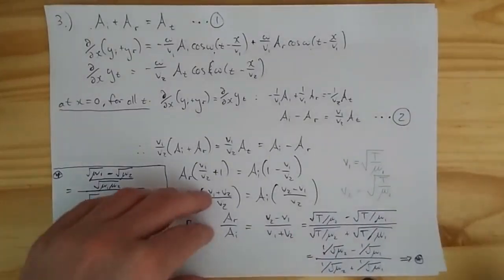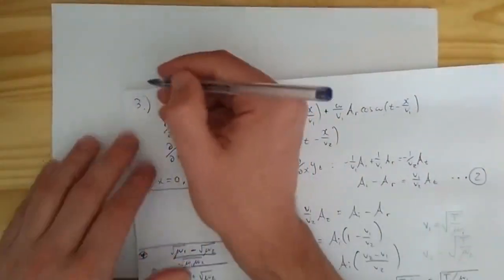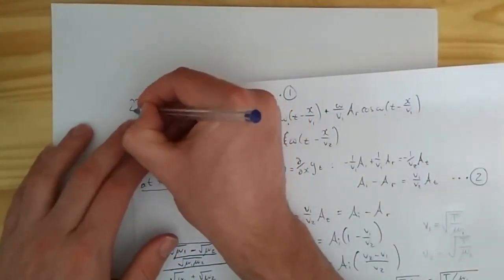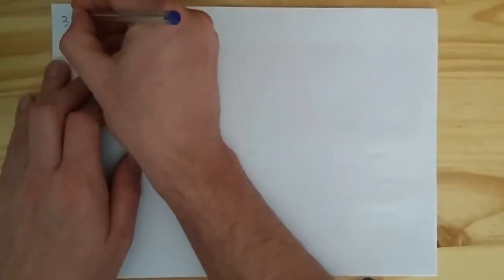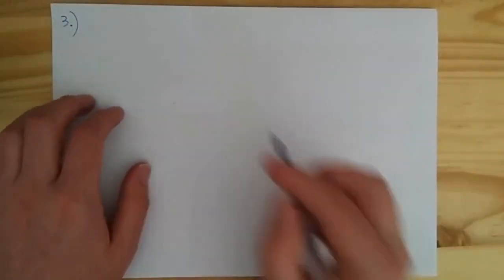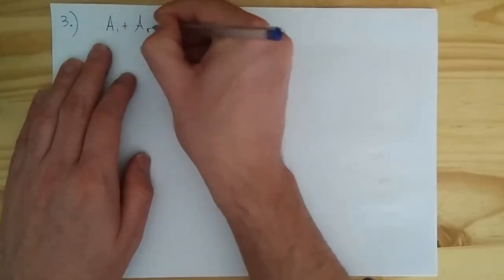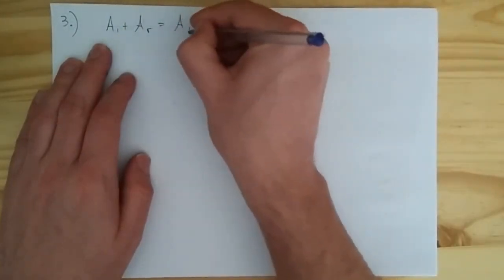Now, to get the expression for t, oh, this was actually exercise 2 that I did, not 3. So this is 2. Now for 3, we want to prove that t is 1 plus r. So all that I'm going to do there is I'm going to see that we already know that ai plus ar is equal to at.